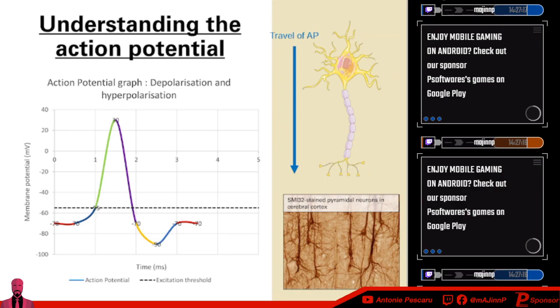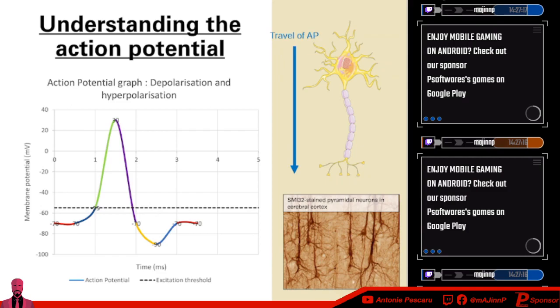The voltage-gated ion channels open to let positive ions flow inside of the neuron, which is going to get the neuron all the way to plus 30. And then at plus 30, it's like, okay, I'm reaching my limit. Let me shut everything down, right? I'm going to start shutting down the store. And that's basically what happens here.